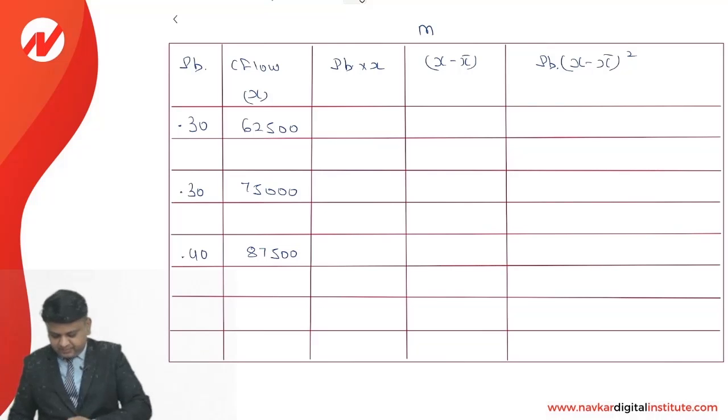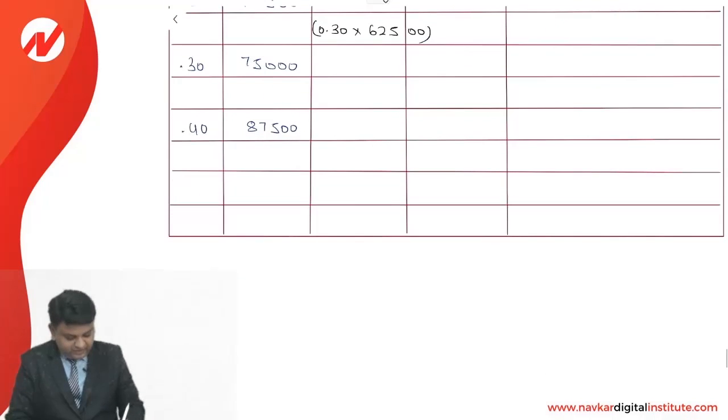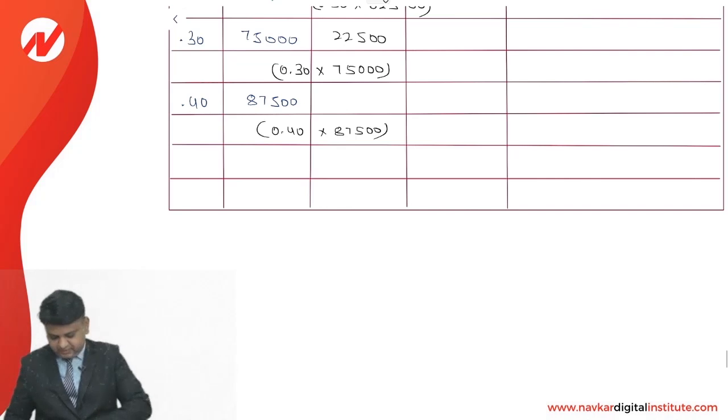So now it is the probability 0.3 into 62,500, that is 18,750. Then 0.3 into 75,000, that is 22,500. 0.4 into 87,500, that is 35,000.